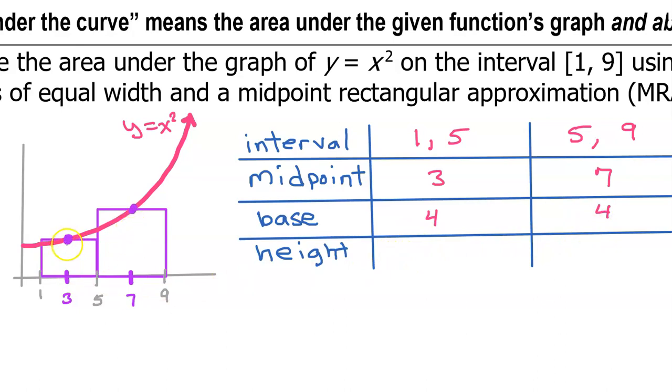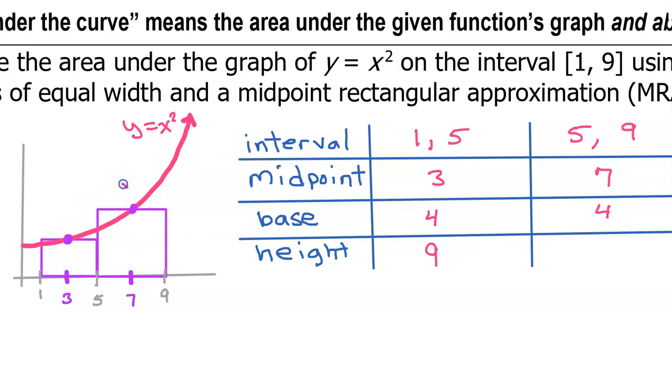Well, the height of the first rectangle will be the value of y equals x squared at x equals 3. So this is going to be y at 3, which is going to be 3 squared, which equals 9. So the height of this first rectangle is 9.